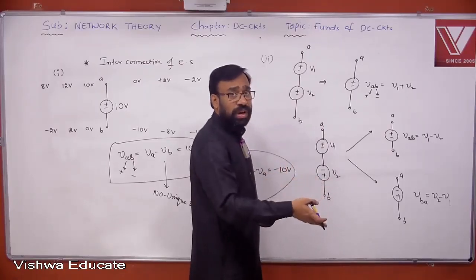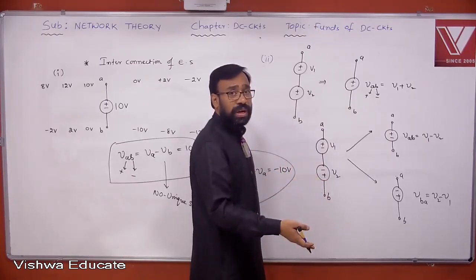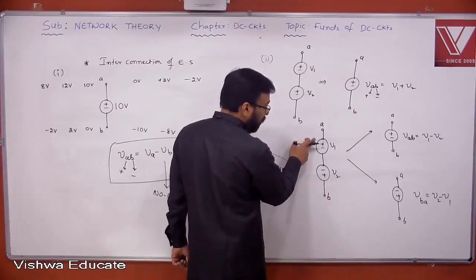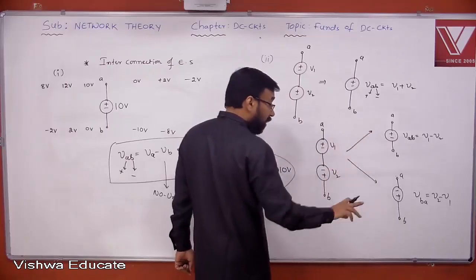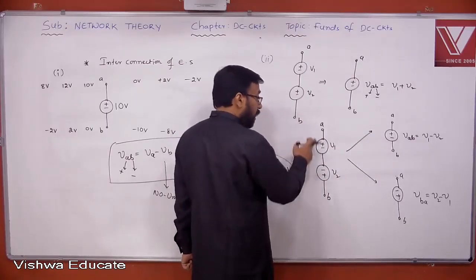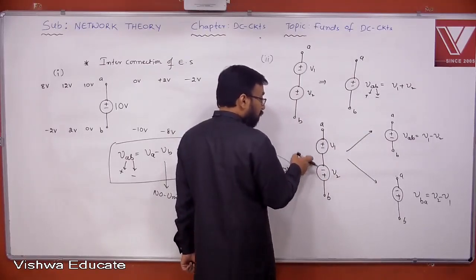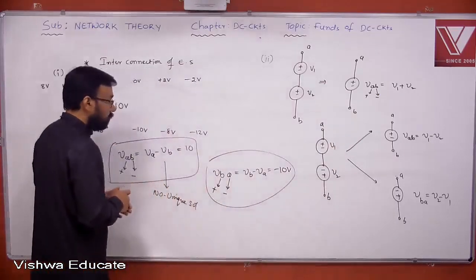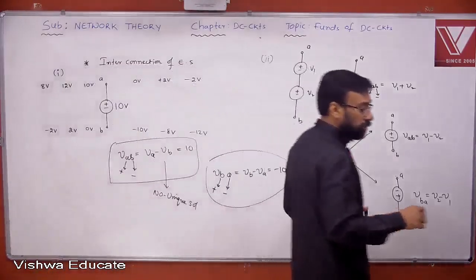We put another name for it, but we are just directly or indirectly applying Kirchhoff's voltage law. So going from A to B, you touch positive first, then negative, therefore V1 minus V2. Similarly VBA, you start from B and reach A, touching positive first, then negative: V2 minus V1. Please note down.